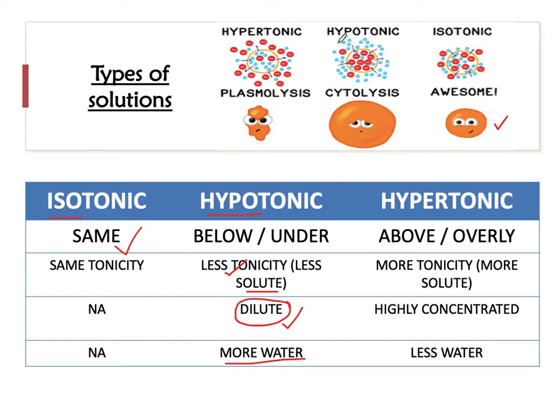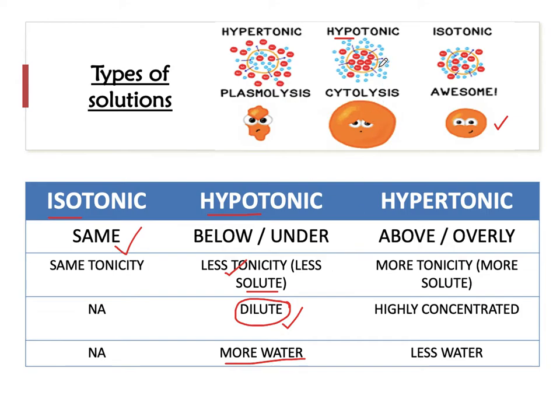So what happens in a hypotonic situation? Hypotonic means the solute particles are going to be comparatively less in comparison to what is present outside the cell. So blue color solute particles are comparatively less inside and more outside. If blue color particles are more, that means less water is present.